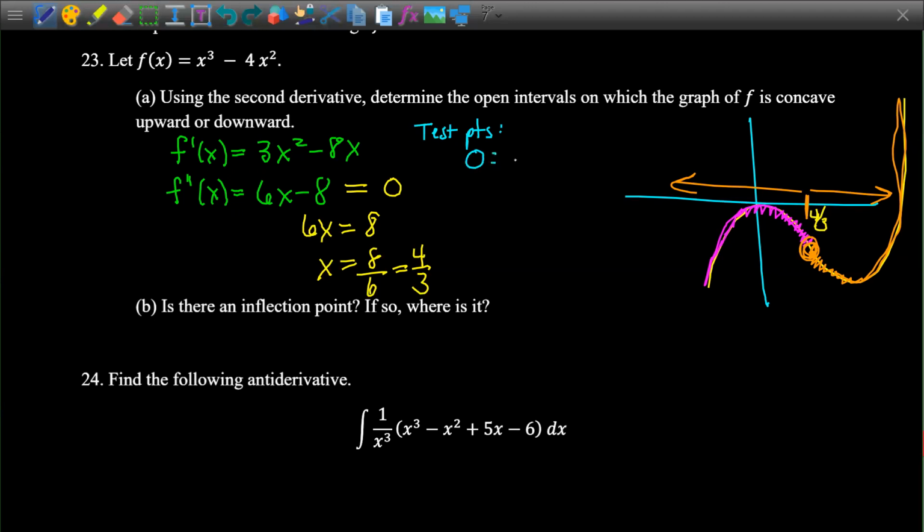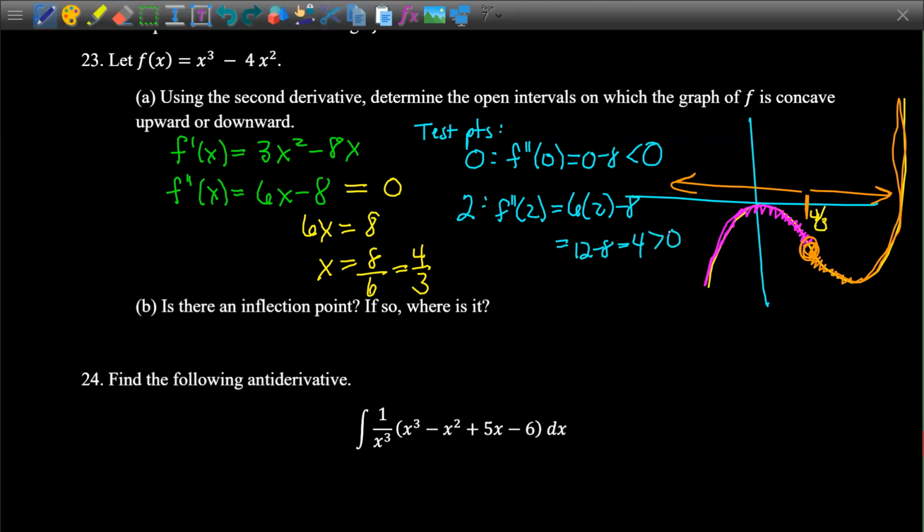And we need to put this into f double prime. And this gives me 6 times 0 minus 8. It's going to be 0 minus 8, which is negative, and that tells us that to the left of 4/3, it is concave down. And then we need a point to the right of 4/3, so f double prime of 2. It's going to be 6 times 2 minus 8, which, all we're really concerned about is the sign, but this is going to be positive. So it is concave up to the right.